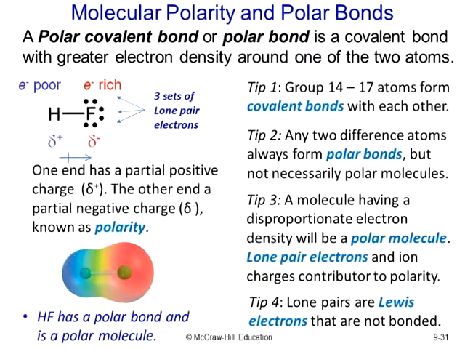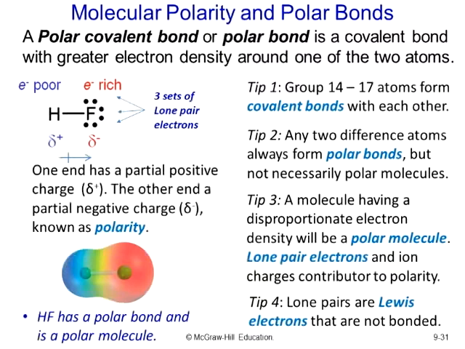One end is partial positive and one end is partial negative. And that effect is known as polarity. As it turns out, hydrogen fluoride has a polar bond and is also a polar molecule. That's because, again, there is a shift in the electron density towards the fluorine.